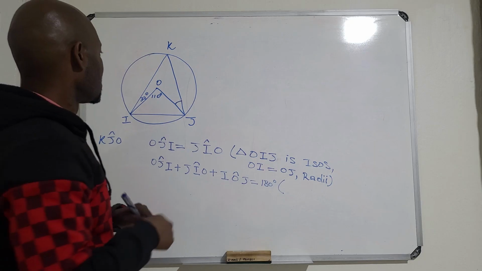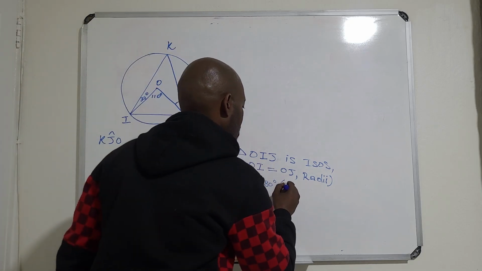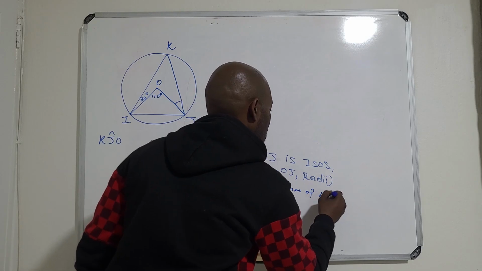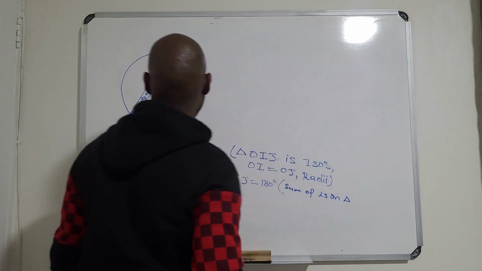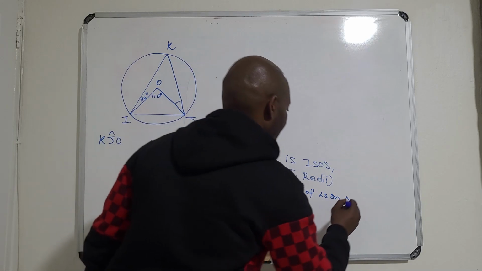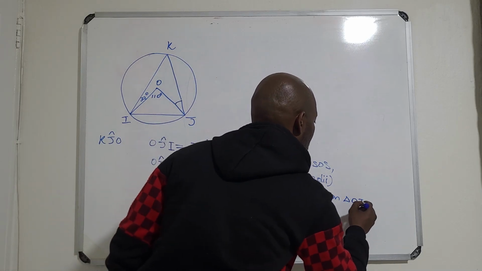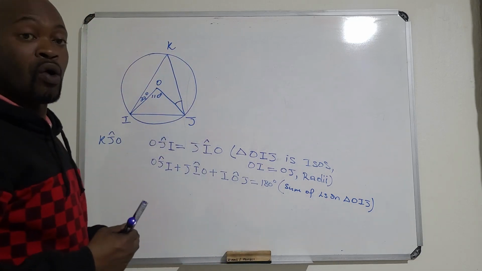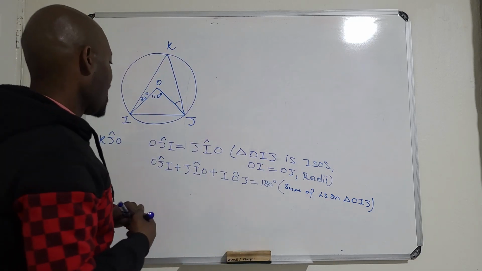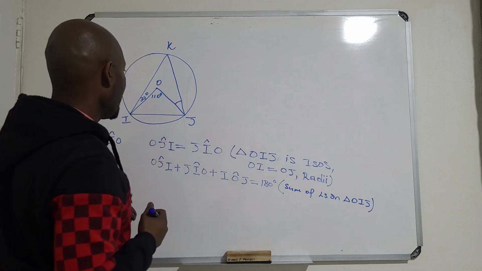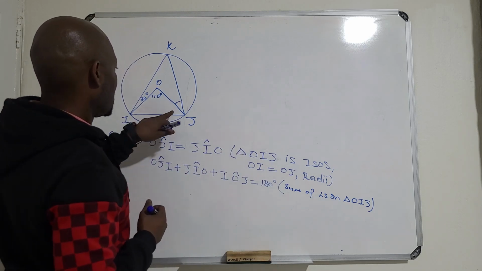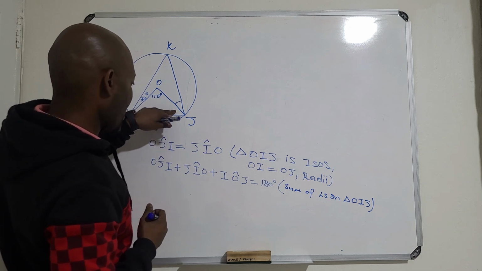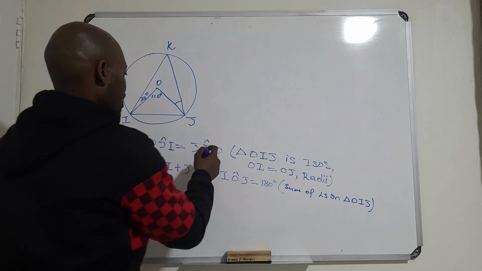Reason: sum of angles on triangle OIJ. Now, we know that we are looking for angle OJI.